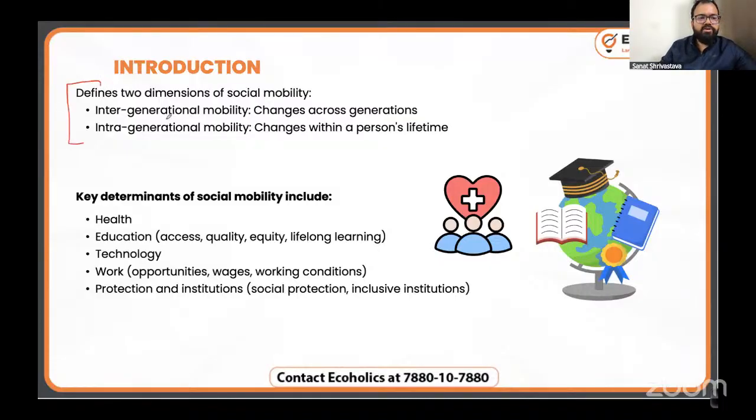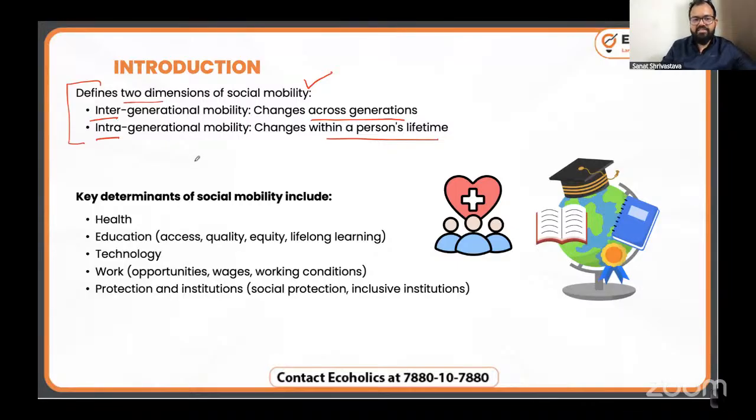Now, in the introduction, it is very clear that they define two-dimensional social mobility. One is inter-generational, another is intra-generational. Inter-generational mobility means changes across generations, and intra-generational means changes within a person's lifetime.